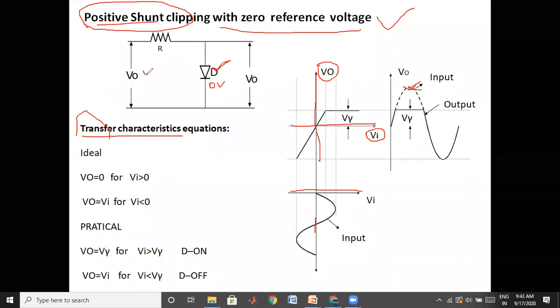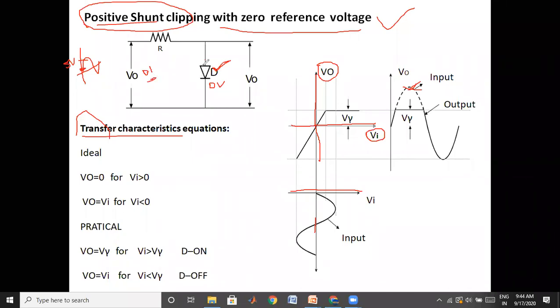Suppose our input is a sinusoidal voltage varying slowly from zero up to some maximum of 5 volts. When the input voltage is 0.1, take it as a silicon diode.